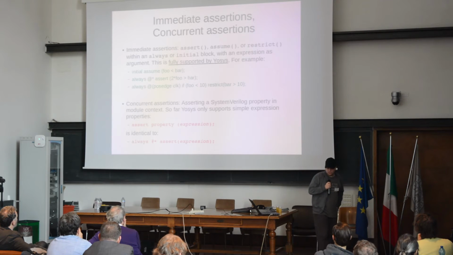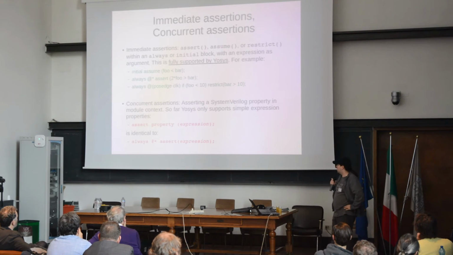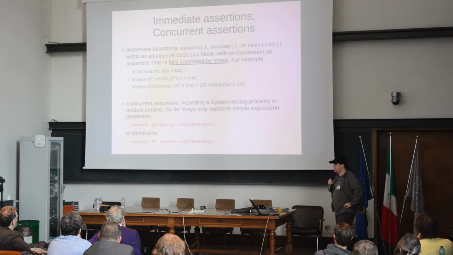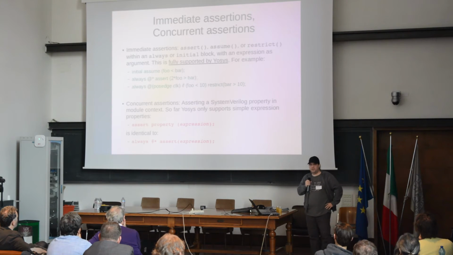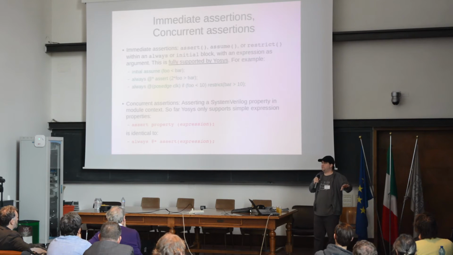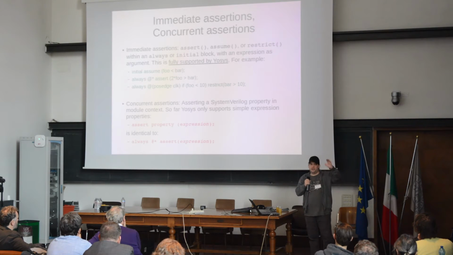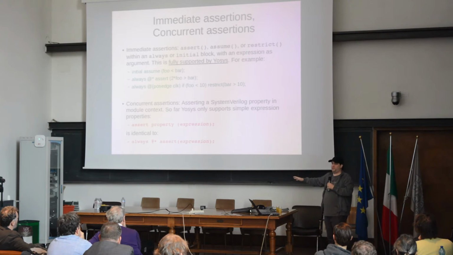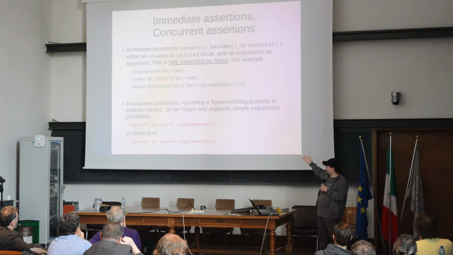So there are two different kinds of assertions or assumptions in Verilog: immediate assertions and concurrent assertions. Immediate assertions essentially mean in a behavioral block like initial or always, and then you just use it as a statement. However, concurrent assertions are used in module context, and you say assert property, and it should just hold forever. Usually, with SystemVerilog, you could use a SystemVerilog property here.